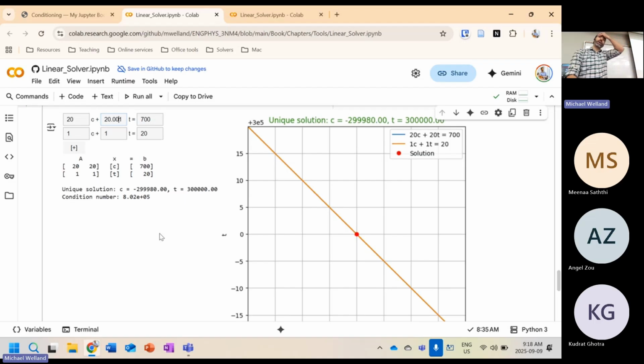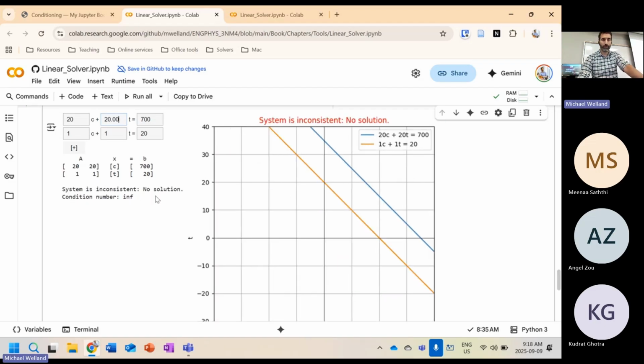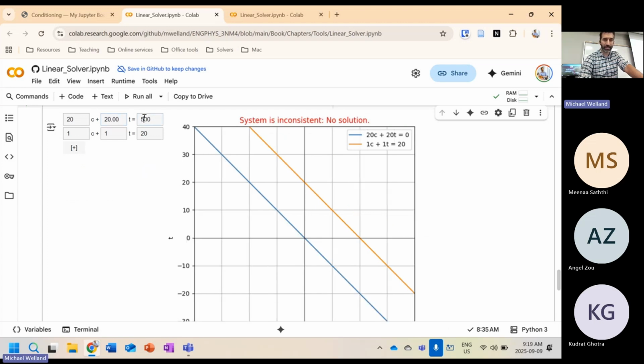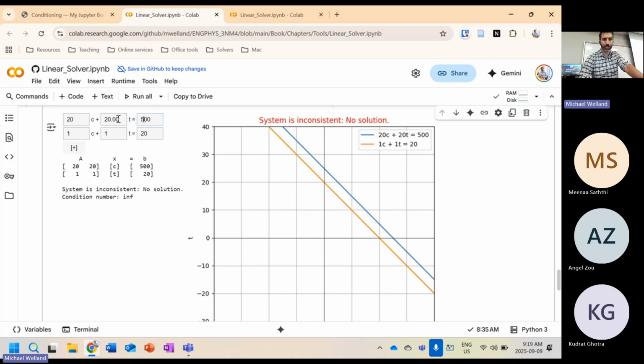So this is a way that you can apply a single operation to the matrix itself and find some indicator of the solvability of it. If you go to 0, of course, that's infinity. And if you did change this to anything else, of course, that doesn't matter about the condition number.